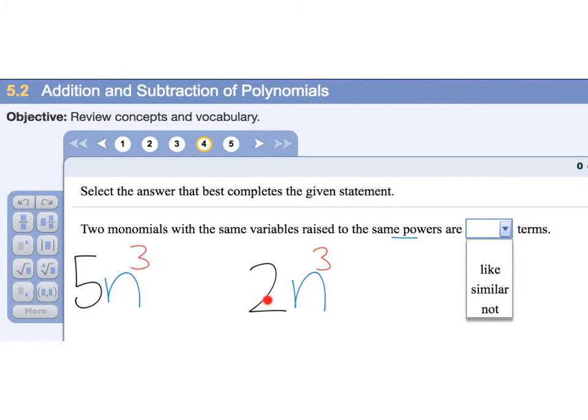What are these? These are called like terms. Because if we were asked to add them, we could, and the answer would be 7n to the 3rd power. We don't add the exponents, we only add the coefficients. This 5 and the 2, those are called the coefficients.